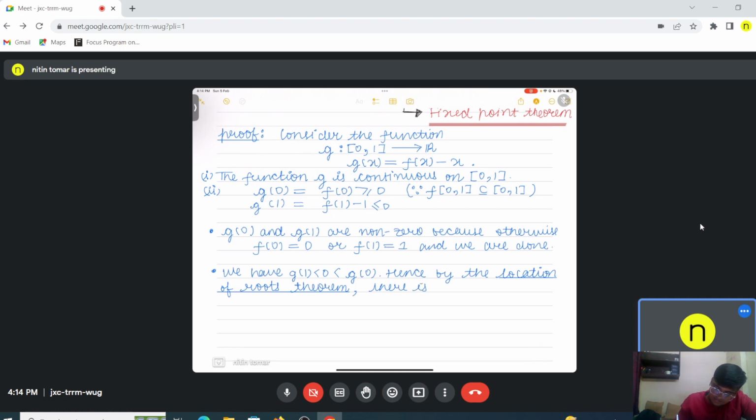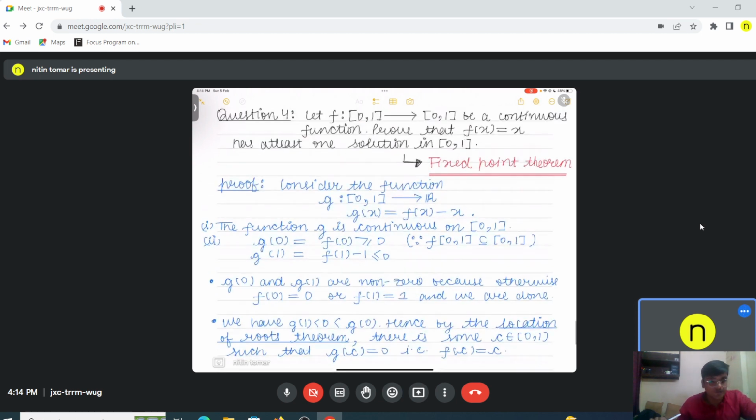There is some c in the open interval 0, 1 such that g of c is 0. That is, what does it mean? f of c is c, and this is precisely what we have to prove. Okay, so if you have any doubt, please ask. Do you have any doubt?